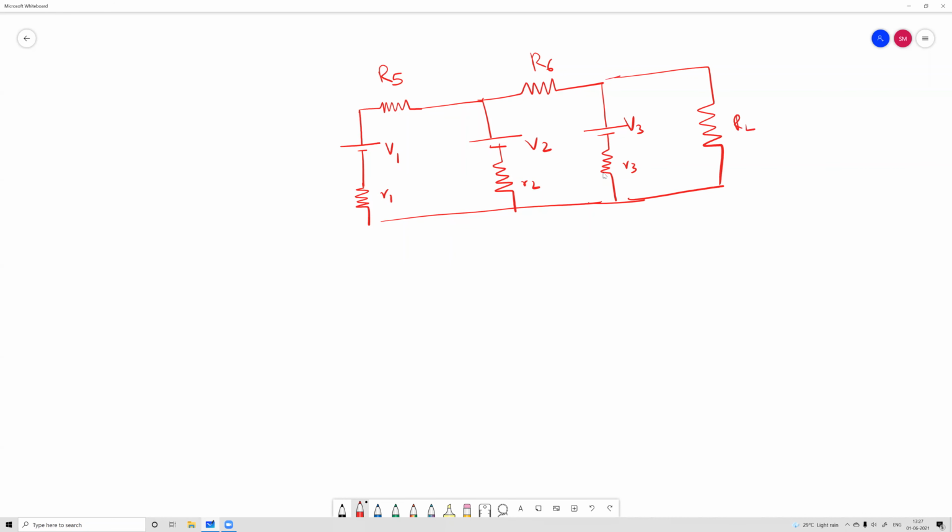And I am interested to measure the current through this resistance RL.